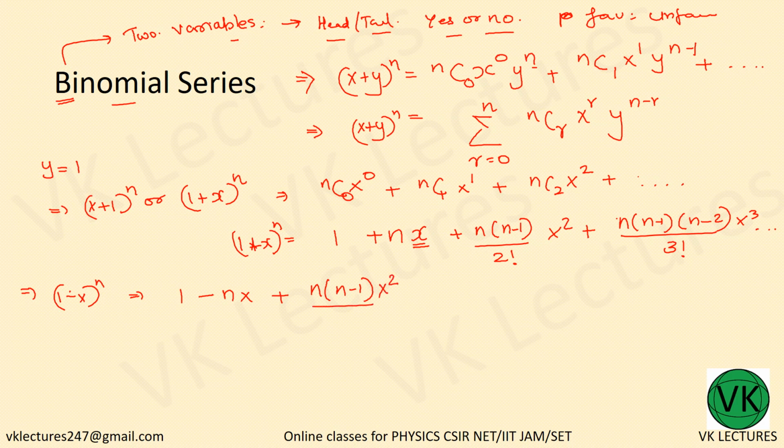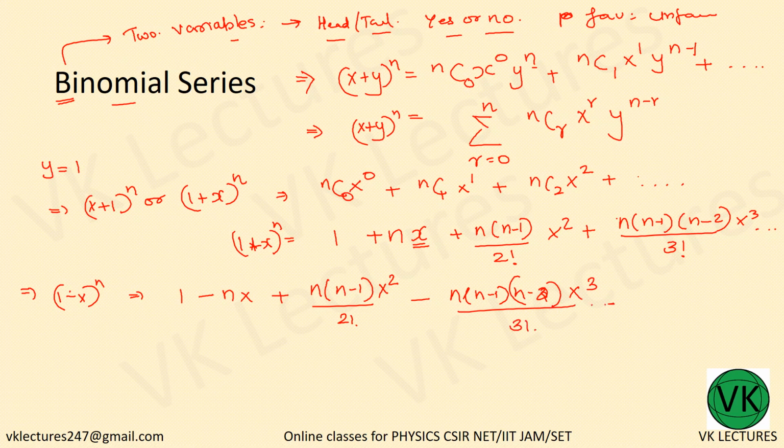Here you need not change anything in the factorial. Again, now you have a minus term because x cube will give you minus, so n into n minus 1 into n minus 2 x to the power 3 by 3 factorial.